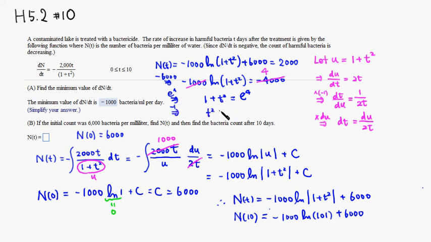So t squared is equal to e to the 4th minus 1. Then we can just take the square root of both sides. T is equal to plus or minus square root of e to the 4th minus 1. But since we're talking about time, we know that it's going to be the positive one.